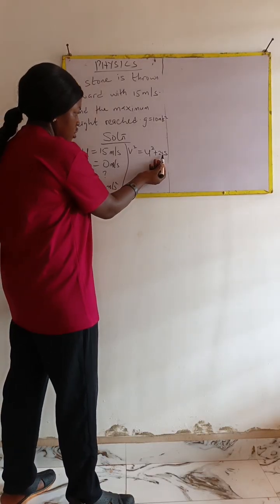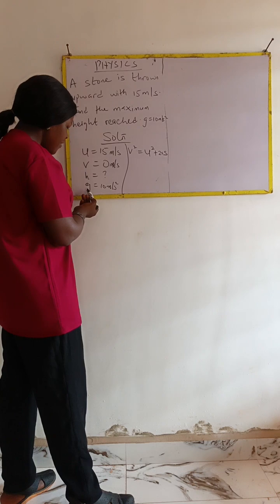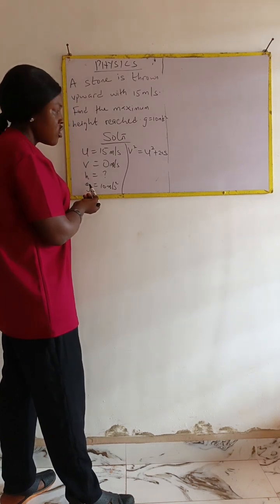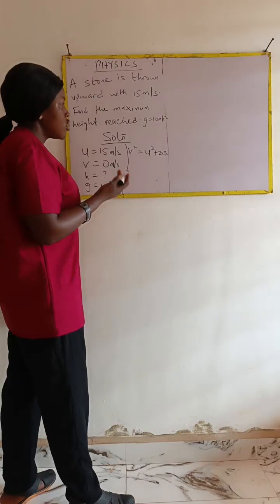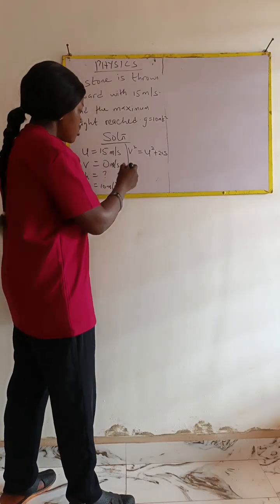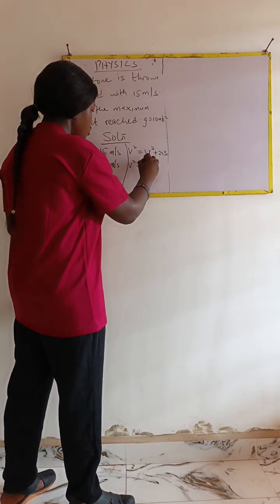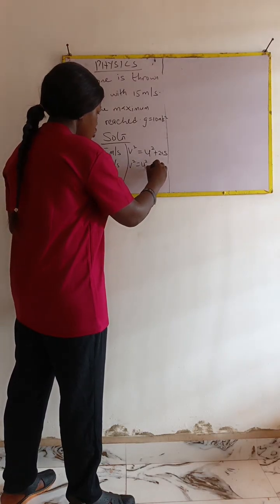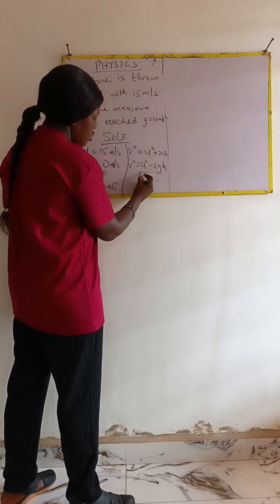You're not given a, you're not given s, but we're given g and h. Since a stone is thrown upwards, there's gravity pulling it down, so this formula will change to V squared equals U squared minus 2gh. So I'm going to be dealing with this formula.